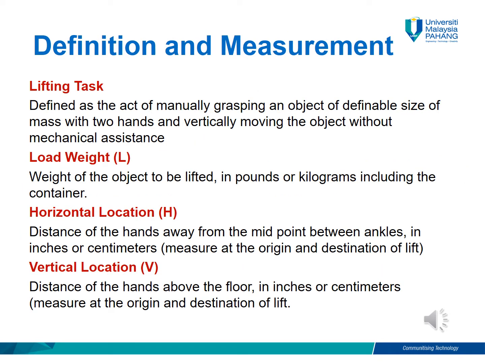As I mentioned, all the values need to be obtained so that the RWL can be calculated. So it is very important for us to understand the meaning of each parameter so that we can calculate them correctly. Now here we can see the definition and the measurement of each parameter in the RWL calculation.